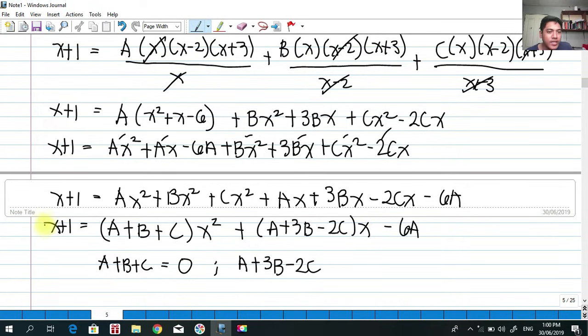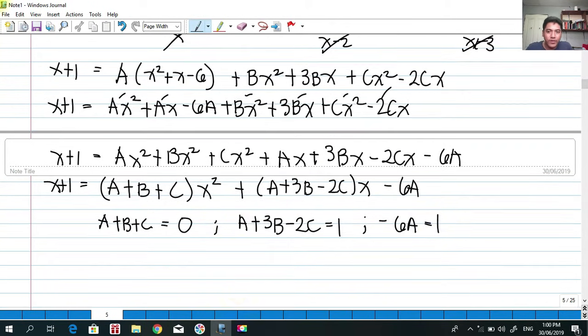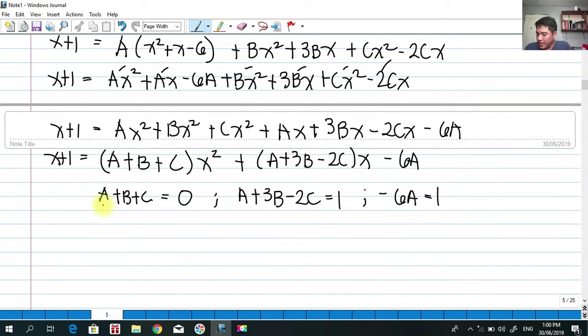Do we have an x here? Yes. What is the coefficient of x here? It is 1, so this must be equal to 1. Now our last equation is negative 6a. This is the constant. Do we have any constants here? Yes, and that is equal to 1. So we can simply first get the constant a. For the third equation, a is equal to negative 1 over 6.